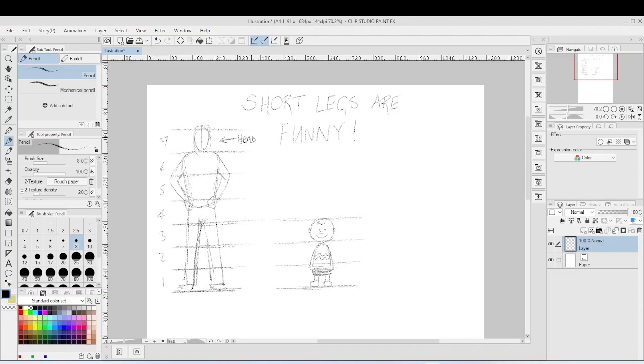But in the middle here, just to its right, I've done my little approximation of the world famous Charlie Brown, and he's a lot cuter because he's only 3 heads tall. But he's a child, and that's great. You know, he's bound to be quite a lot smaller than the adult anyway.